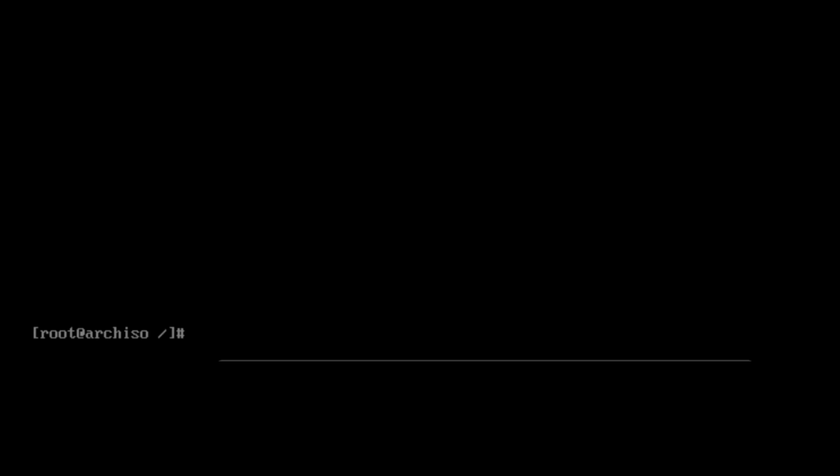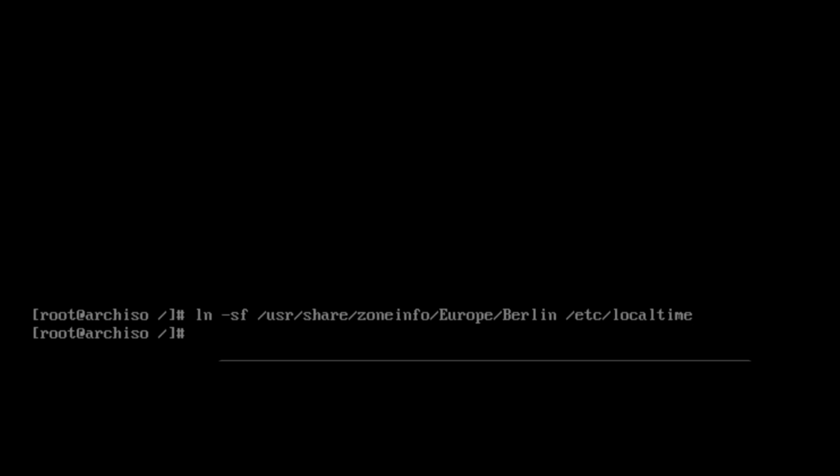But the command is the same. ln -sf /usr/share/zoneinfo, now the continent, Europe, and Berlin for Germany, to /etc/localtime. Confirm with enter. Okay.